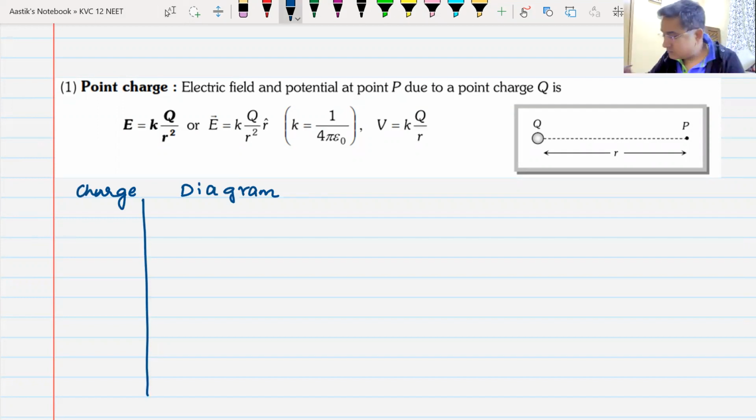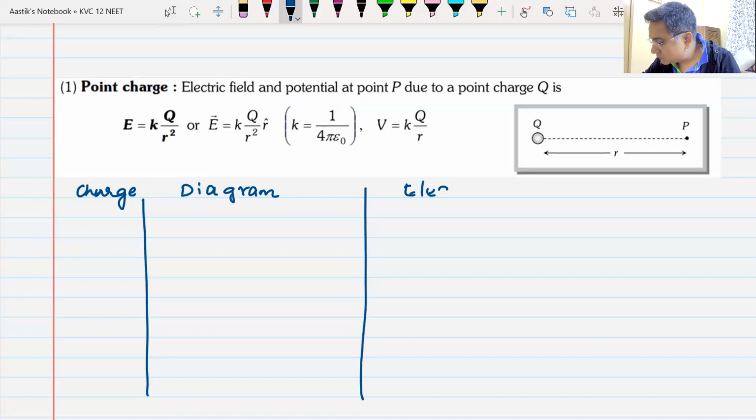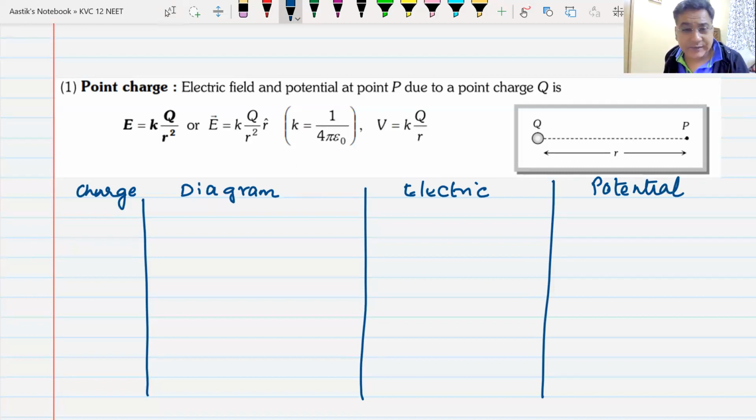The diagram column should be slightly bigger. Then you can write the electric field formula in one column, and then the electric potential formula in the next column. So what you will make essentially would become your table in which you have everything written together.